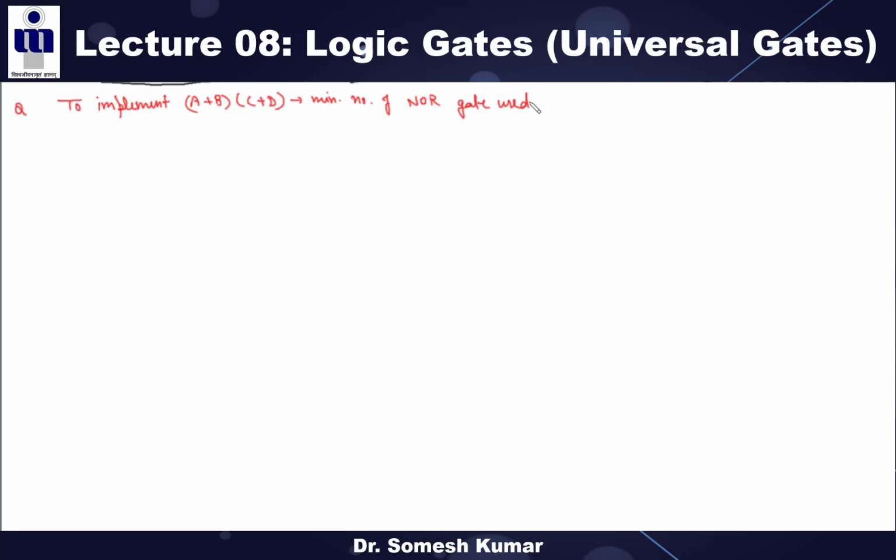So, which circuit is this? Can you please tell me? So basically this is your two level what? This is A plus B, this is C plus D, this is A plus B, this is a two level OR AND circuit, right?